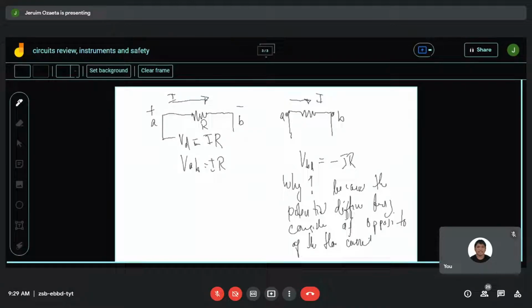Opposite of the current. Ito baga, ini ang voltage drop degree from A to B. Ang voltage drop degree considers from B to A. So this is negative. Pag negative ang direction, it means to say the opposite of drop.